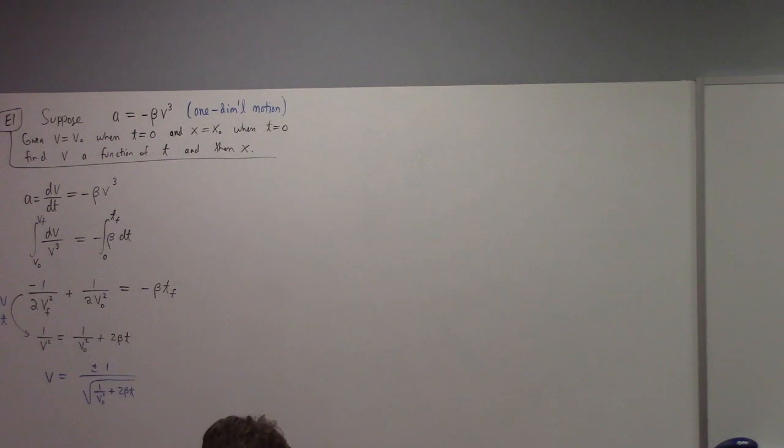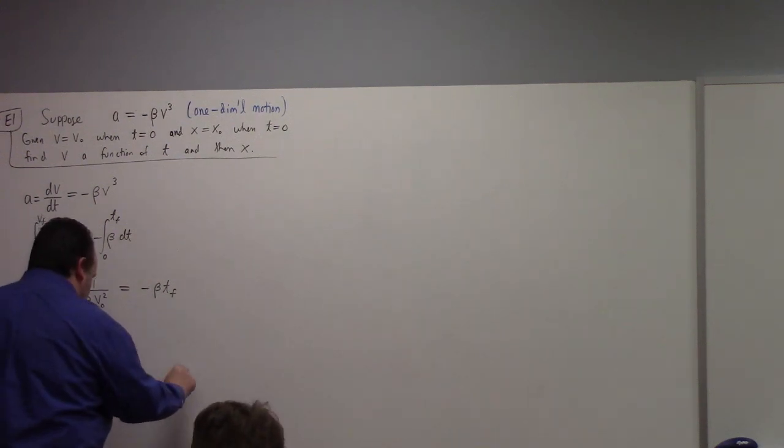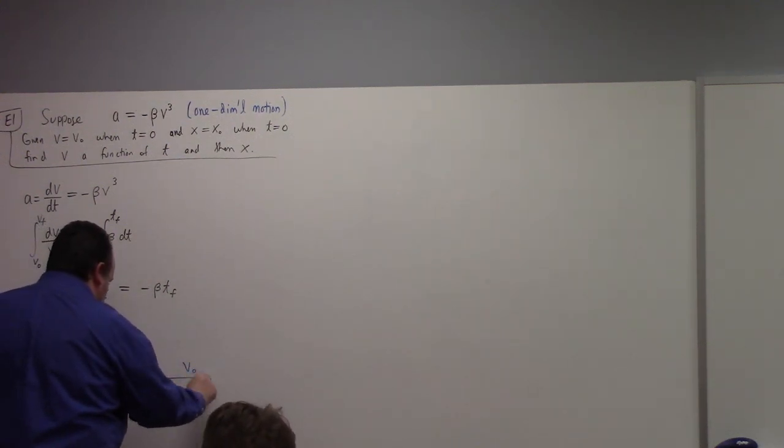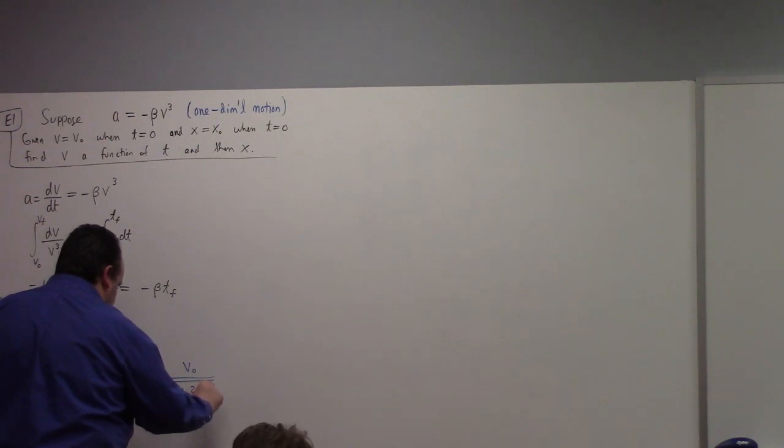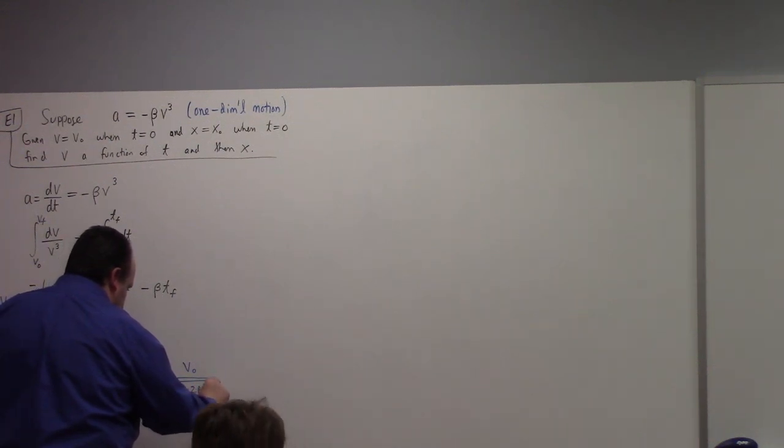Is the initial velocity positive? Is the initial velocity negative? If it's positive, I go with a plus. If it's negative, I go with a minus, right? But you could just rewrite this formula as follows. This is v naught over the square root of 1 plus 2 beta t v naught squared.